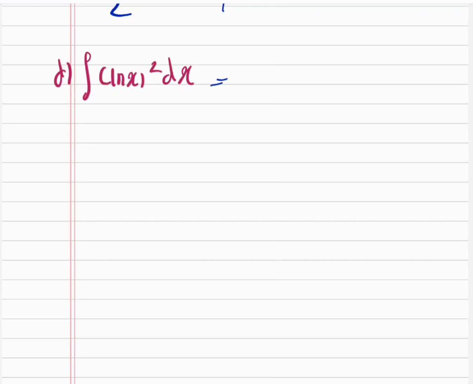And because it has a very nice trick that is very useful, and that is when we have just ln x and we don't have other functions, we can write this as 1 times (ln x) squared dx. And now this allows us to take u equal to (ln x) squared and then dv/dx equal to 1.